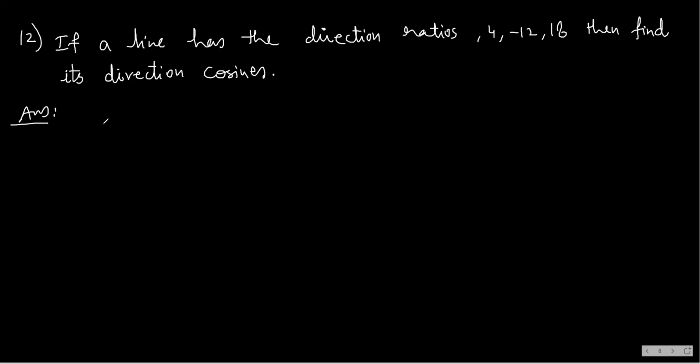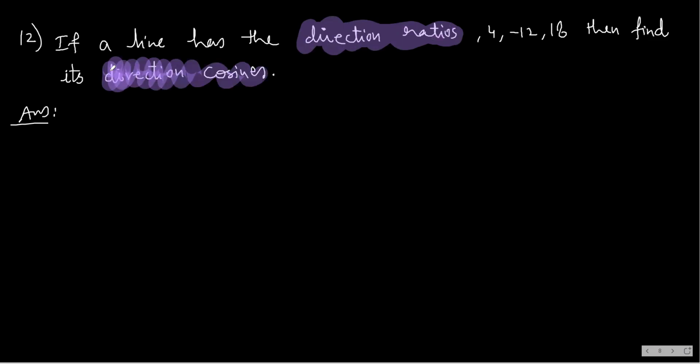The next question, which is the last question of this video, is: if a line has direction ratios 4, minus 12, 18, then find its direction cosines. So in this question, the idea is we are given the direction ratios of a line, and from the direction ratios, we have to find its direction cosines.